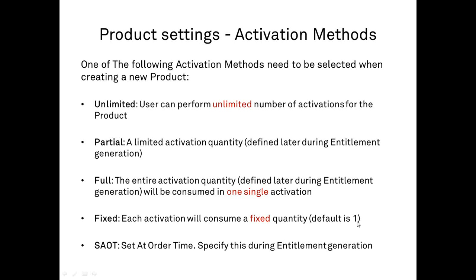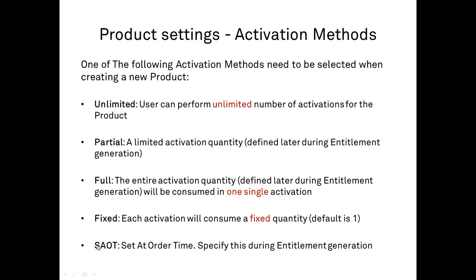The default is 1, meaning that each activation will use 1 of the activation quantity. But you can set it to 2, let's say. This means that each activation will take 2 from the quantity that you are going to define later on in the entitlement. It might be a little bit unclear, but once you see this list, you can use it and see.